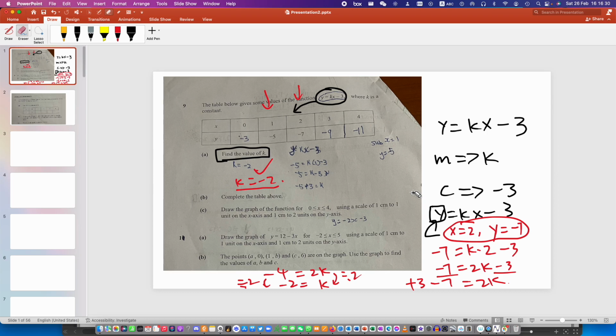You still haven't drawn the scale. Do you have a ruler? Measure. Is this 1 cm 1 unit?